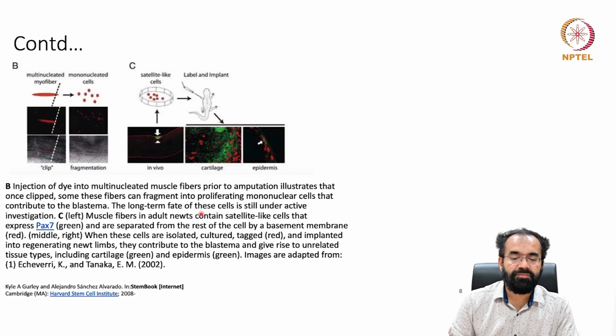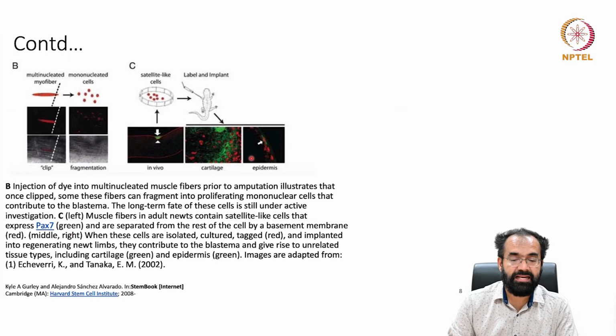The long-term fate of these cells is still under active investigation. We can see here they have clipped it and mononucleated cells, because it is already tagged, and you can see how they are migrating.